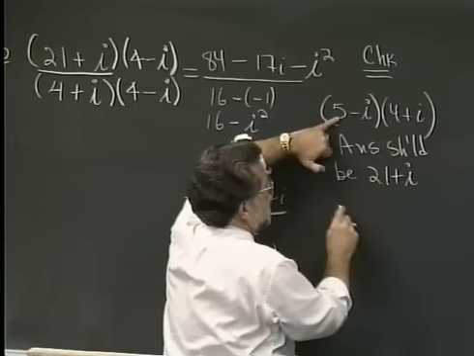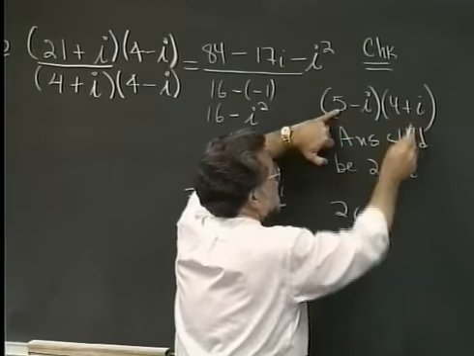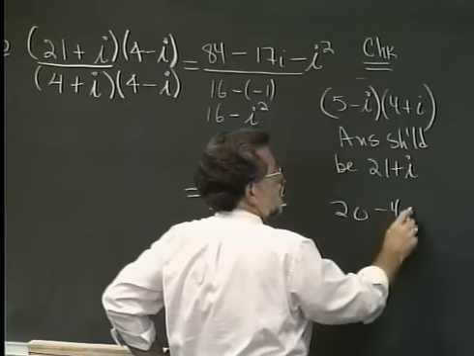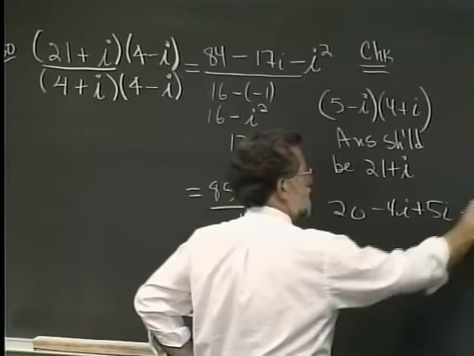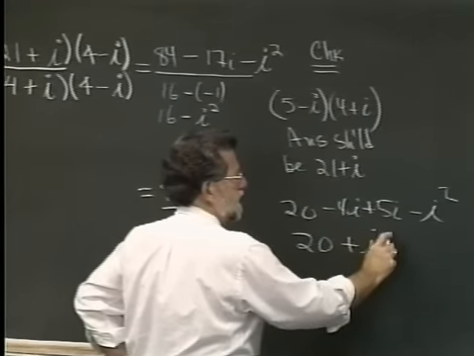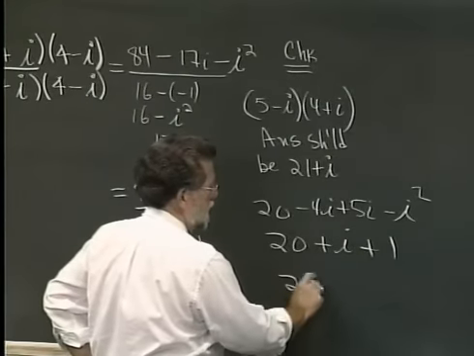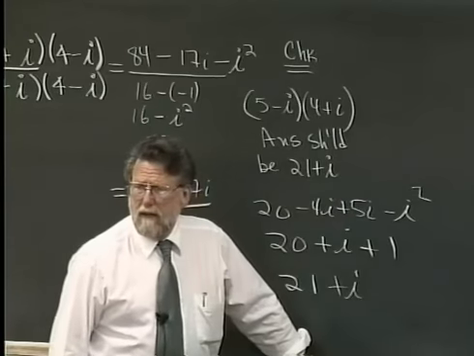So I get 20 here. Then I have minus 4i plus 5i. And then I have minus I squared. But that's 20 plus I plus 1, which is 21 plus I. And I have exactly what I was supposed to get.